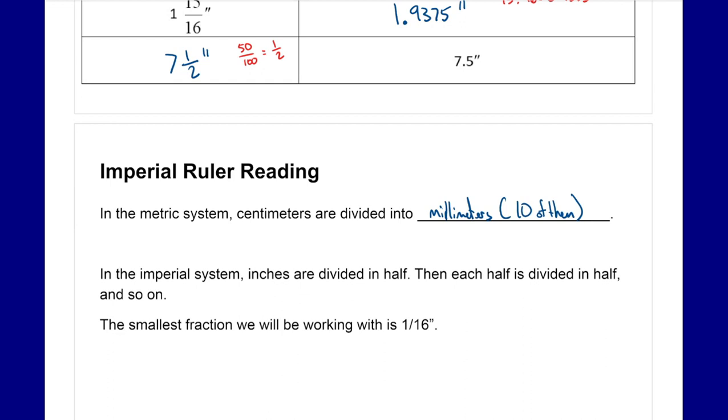The imperial system is a little bit different. In the imperial system, the inches are divided in half, and then each half is divided in half again, and so on and so on. And the smallest fraction we're going to be working with is 1/16. So it's not quite the same as the metric system. You can't read it the same way or write it down the same way because it is a little bit different.